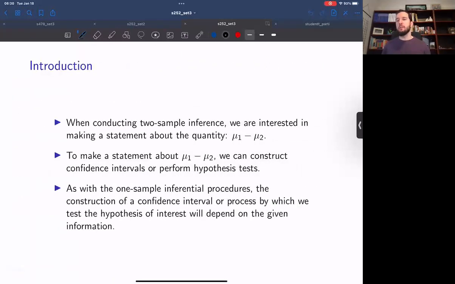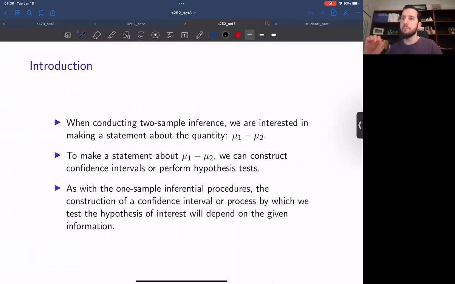In the previous lecture set, we reviewed 1 sample inference, so we wanted to make a statement about a single population mean. In this lecture set, we are taking a natural extension, and we are now looking at hypothesis tests and confidence intervals for 2 population means.